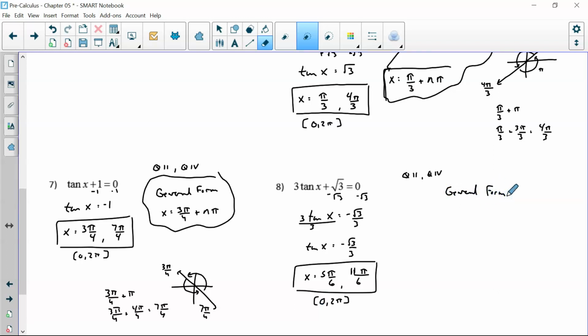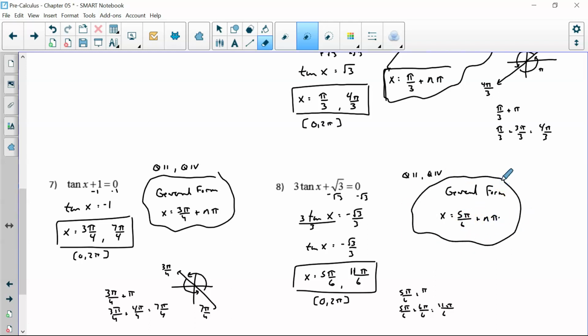For our general form, remember, 5 pi over 6 plus pi is 5 pi over 6 plus 6 pi over 6, which is 11 pi over 6. So it's just going to bring us to our next solution. So our solution in general form, x equals 5 pi over 6 plus n pi. That is all of the solutions for that. That's going to keep bringing us from one solution to the next.